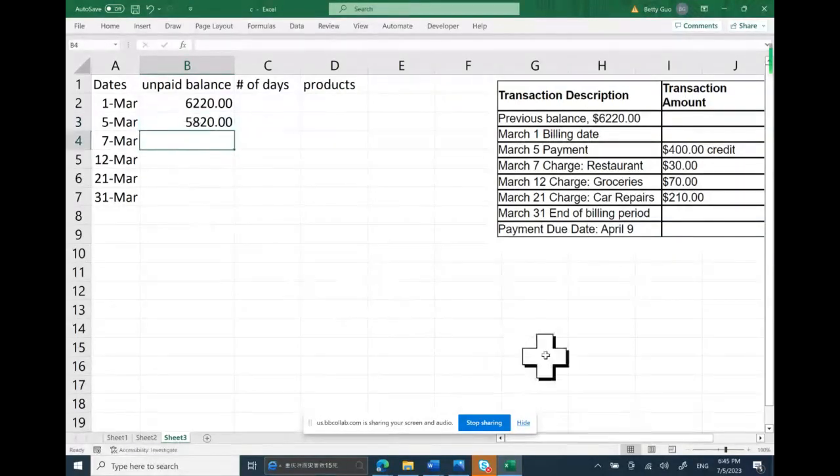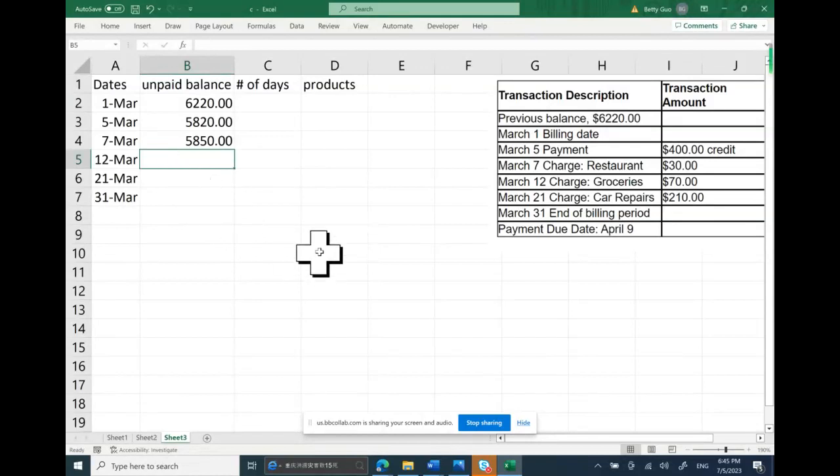And on March 7th, you spend the money, you spend $30, so your balance should go up, right? Yeah, so go how much up? $30 up. So we use the previous balance plus $30. Yeah, $30 up, $30 more balance. You add $30 more on your balance.